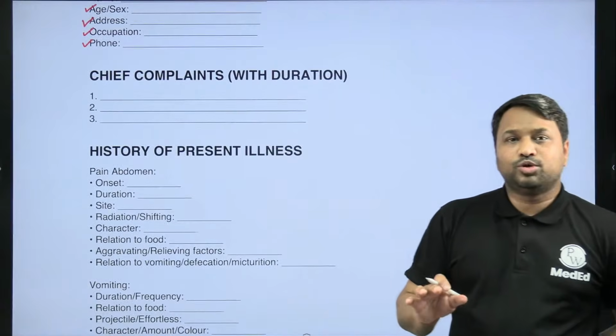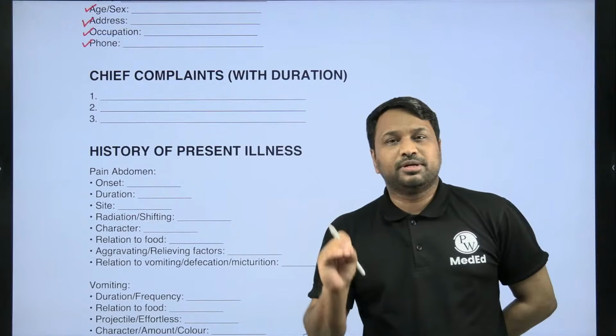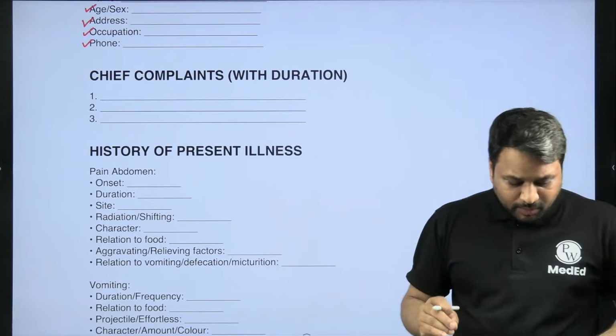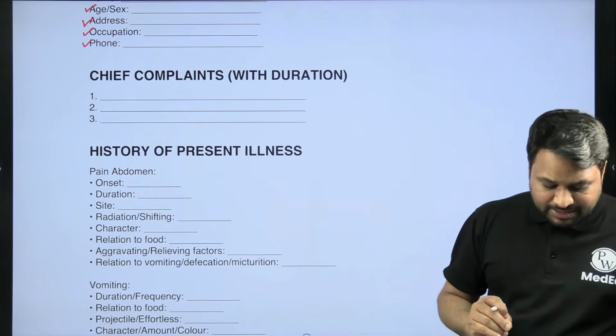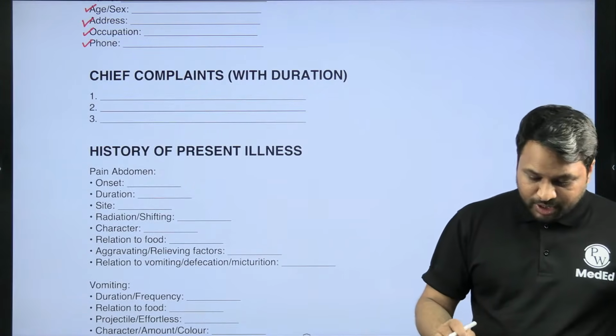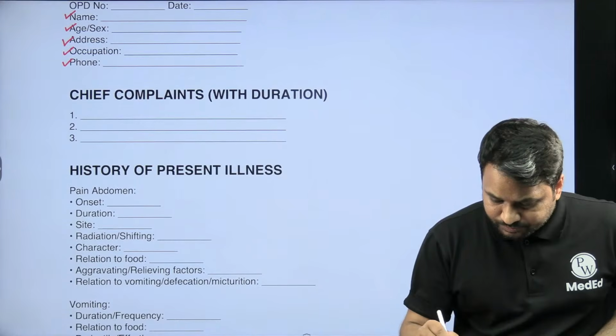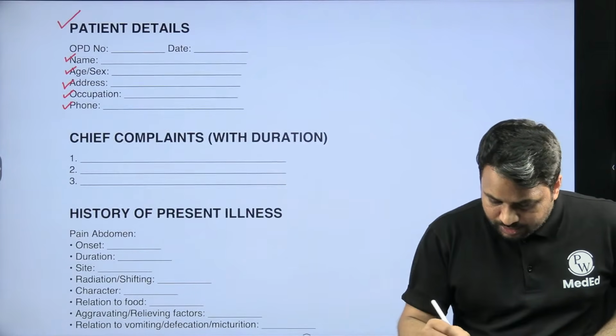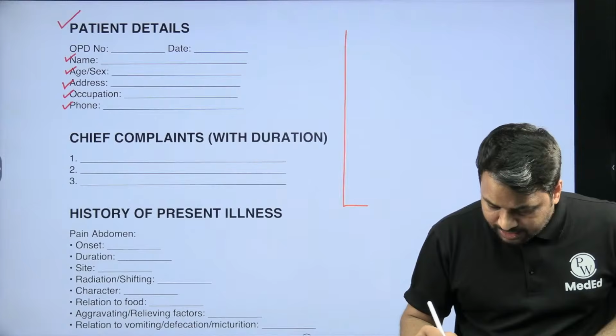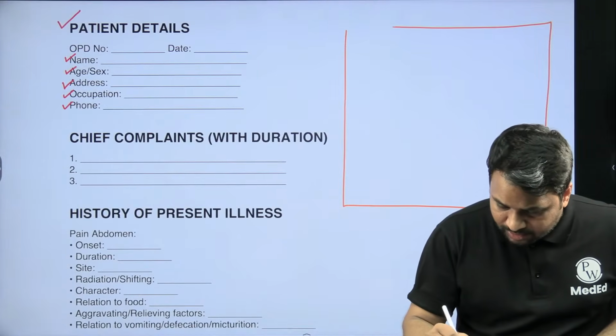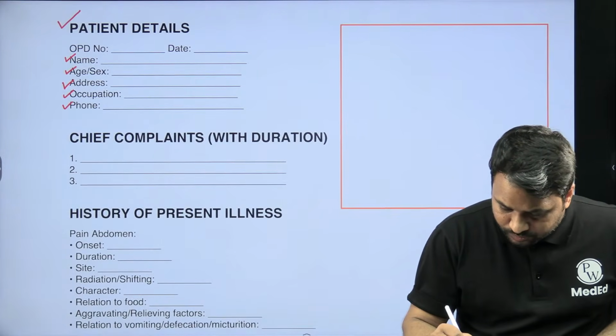Whenever a patient presents to you, always take down the principal complaints, that is chief complaints. Now, when I say what are the possible chief complaints in a patient of pain abdomen? So when you talk about the possible chief complaints, I'll just make a list of it. The possible chief complaints that a patient with pain abdomen can give to you, right?